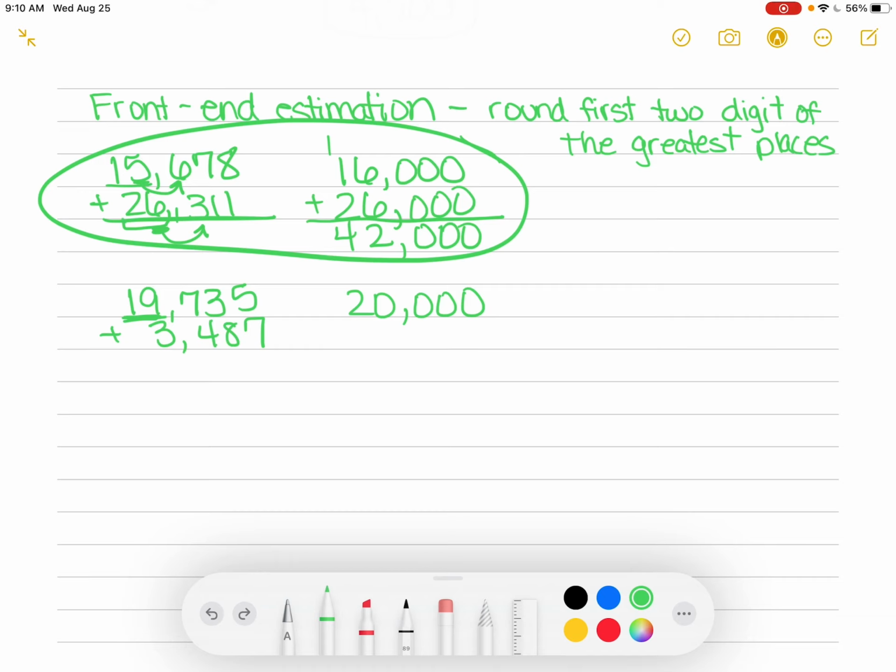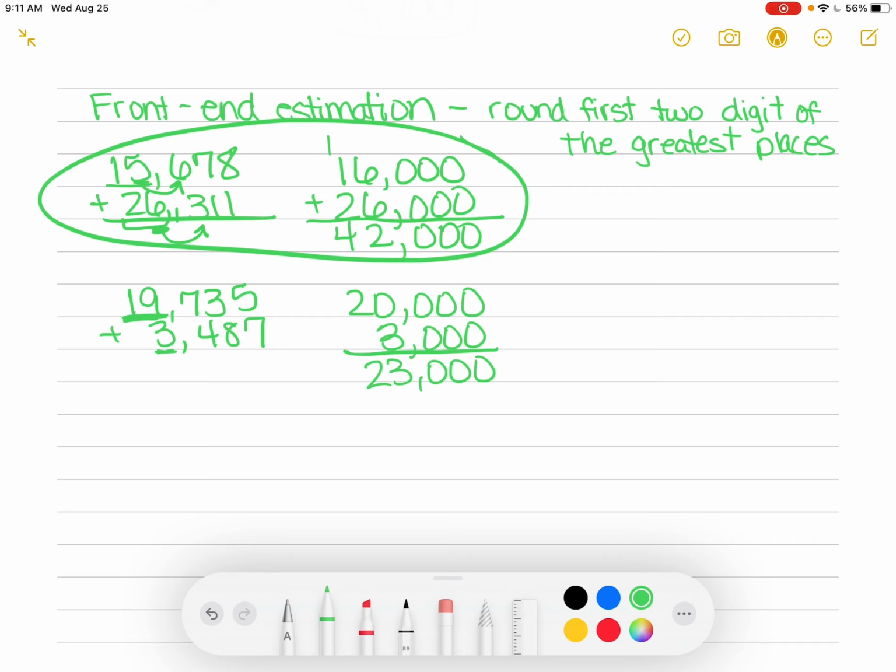So since we're going to round on this one to the thousands place, we're going to do the same thing on the one that has less. So this one is going to be just 3,000. And so when we add these together, we're going to get 23,000.